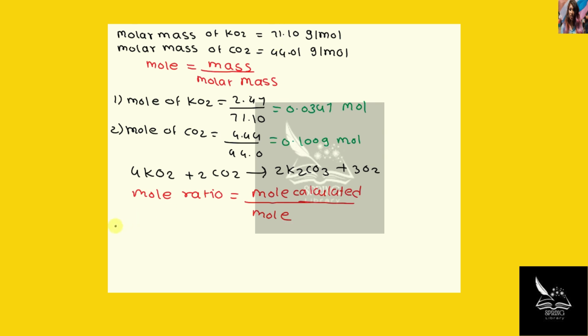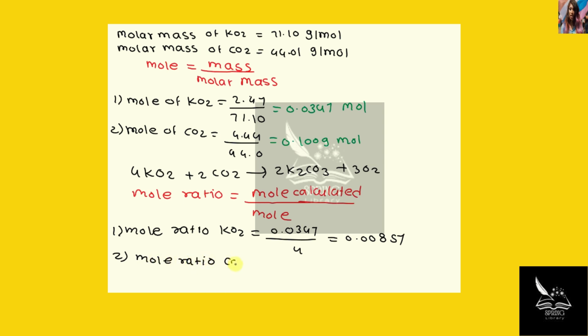Now here, firstly, we find the mole ratio of KO2, which is equal to 0.0347 divided by 4, which is equal to 0.00857. And secondly, the mole ratio of CO2, which is equal to 0.1009 divided by 2, which is equal to 0.05045.